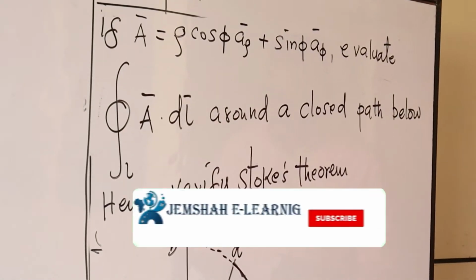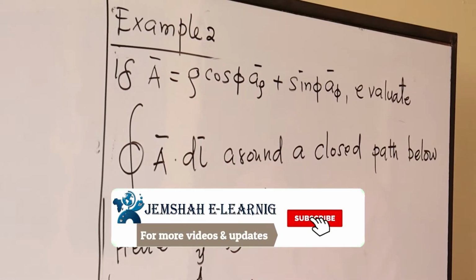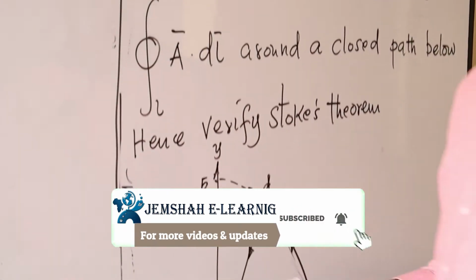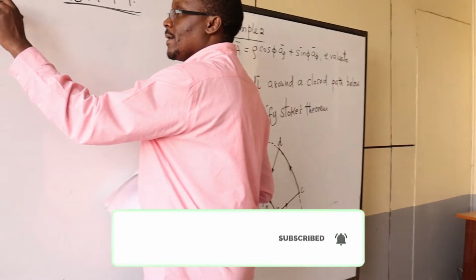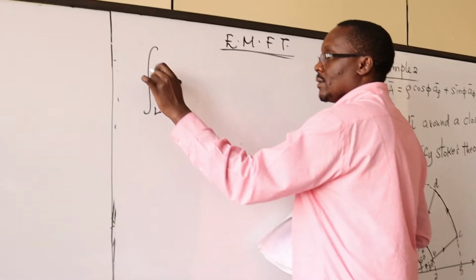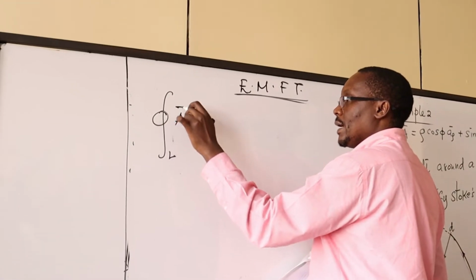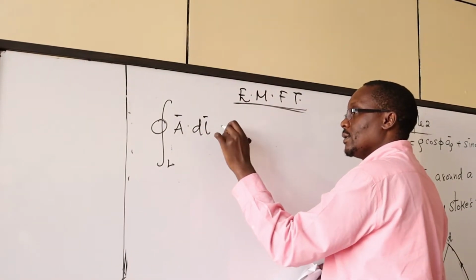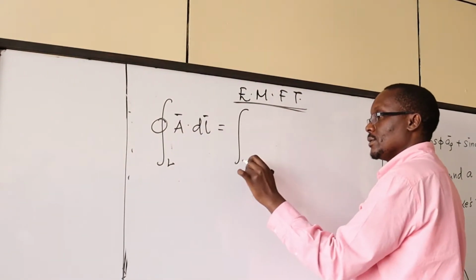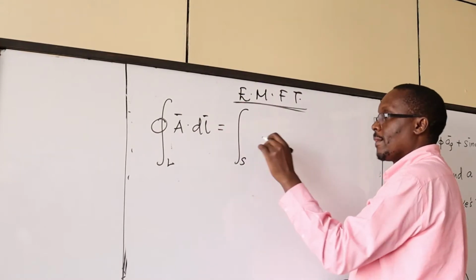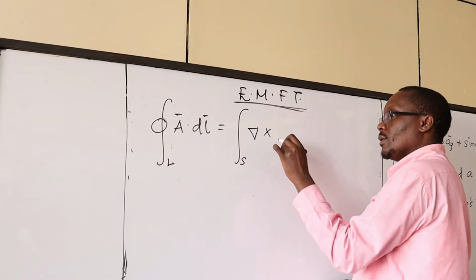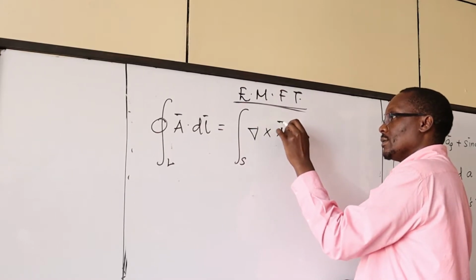and we need to know how Stokes theorem states. So according to Stokes, we have our closed loop line integral being equal to the curl of the surface here.